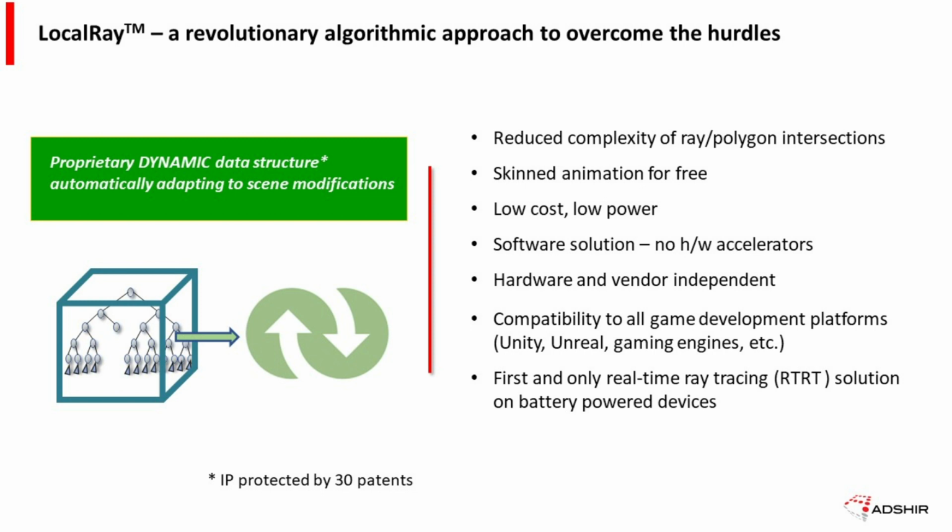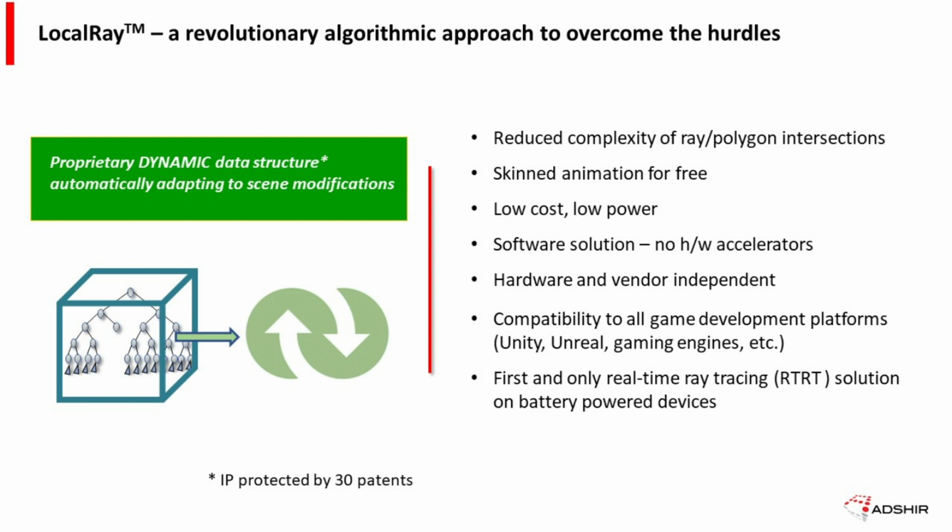What we've done is change them to dynamic data structures, which are proprietary and protected by 30 patents today. This is a huge step forward in ray tracing. What we got is, first of all, skinned animation for free. You get skin animation, you get animation. You don't have to rebuild the structures. The structures are exactly the same. So you get the animation for free.